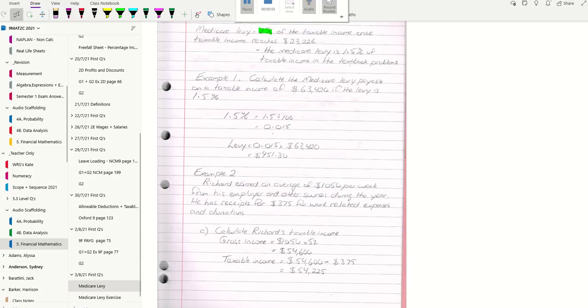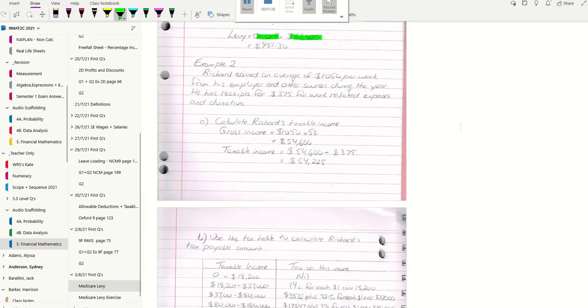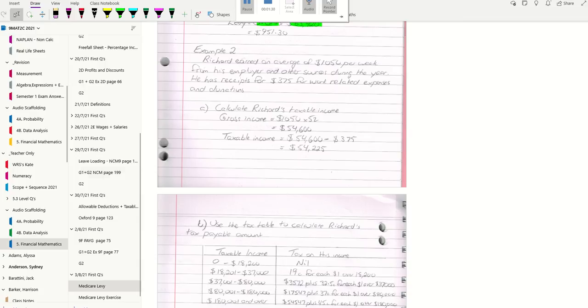In the first example, we're just calculating the Medicare levy payable on a taxable income of $63,420 if the levy is 1.5%. Again, we start off by converting 1.5% to a decimal. 1.5% divided by 100 is 0.015. Our levy is simply 0.015 times our taxable income, and that gives us $951.30. That's relatively straightforward.